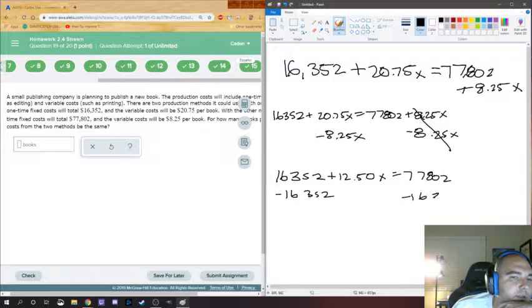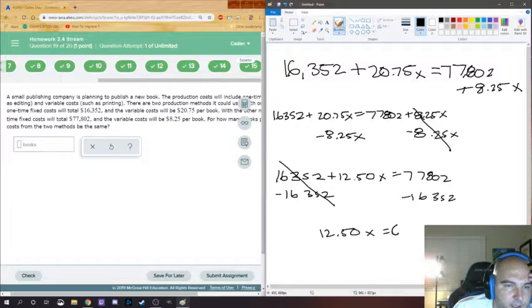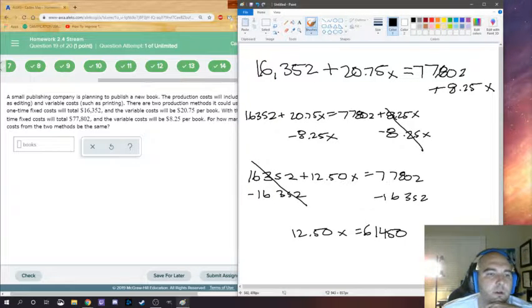So subtracting 16,352, I'm going to get 12.50x equals 61,450. Oh, you can't see that too hot. Let me scoot it over just a smidge. There you go. So 2 minus 2 is 0. 10 minus 5 is 5. 7 minus 3 because I borrowed. I was doing that mentally, I guess.